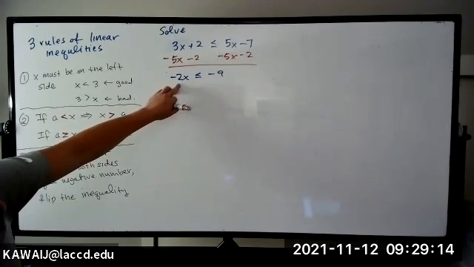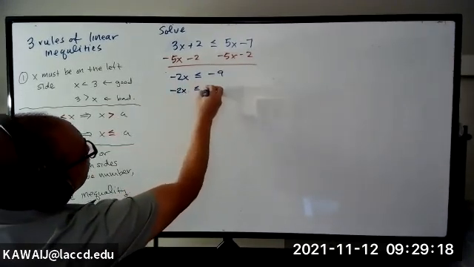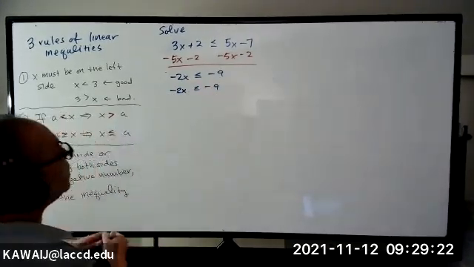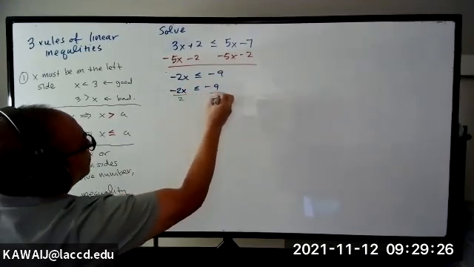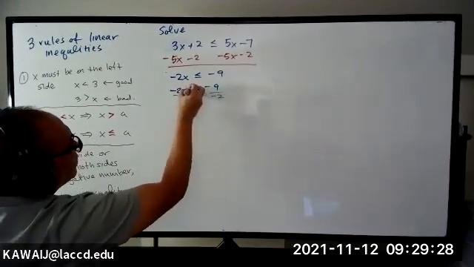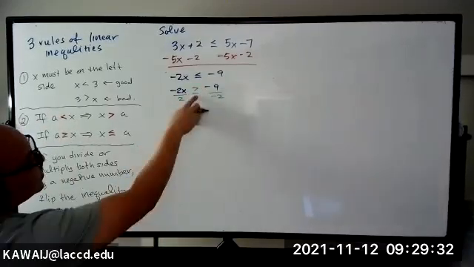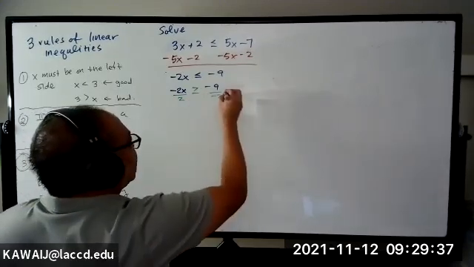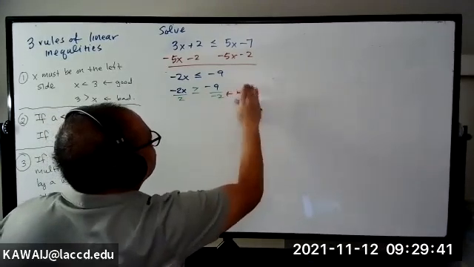Now, in order to get rid of this -2, I have to divide both sides by a negative number. And when I divide both sides by a negative number, that makes me flip the sign. Flip the inequality. So over here, this is negative.